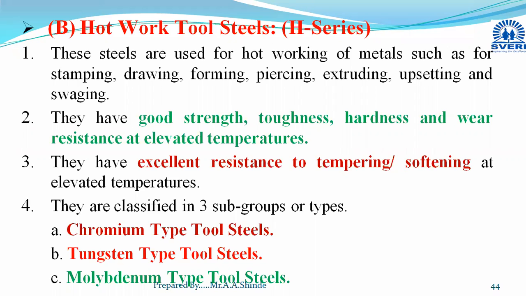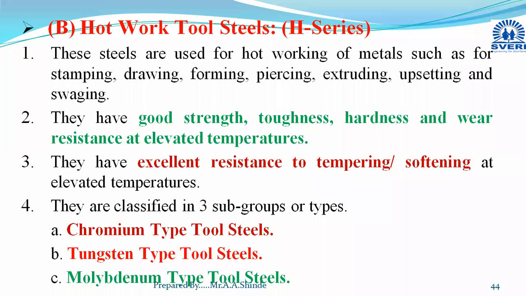And as alloying elements are distinguishing them, depending on the presence of the major or principal alloying element, these hot work tool steels are classified in three different types as chromium type tool steel. Here chromium is the principal alloying element.